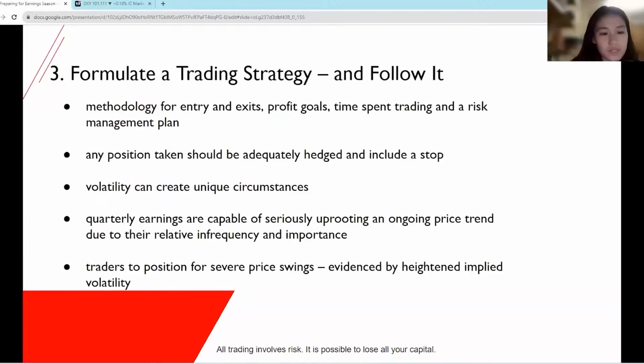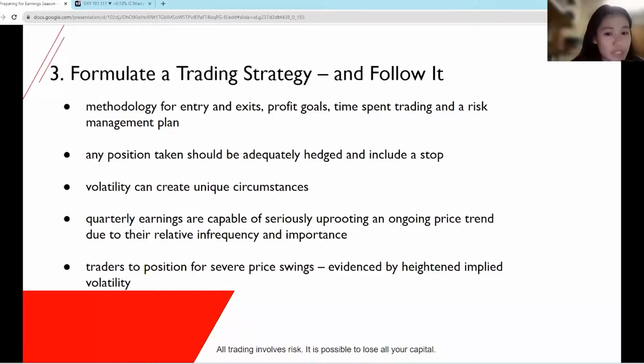Lastly, formulating a trading strategy and following it. Formulating a trading strategy for earnings season should include a methodology for entry and exits, profit goals, time spent trading, and a risk management plan. Trading earnings reports is typically difficult and risky.